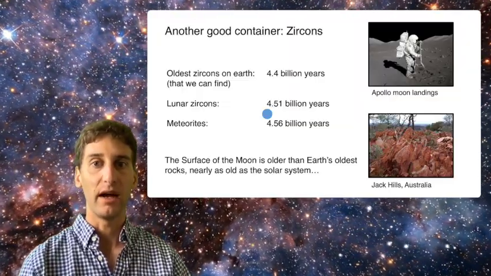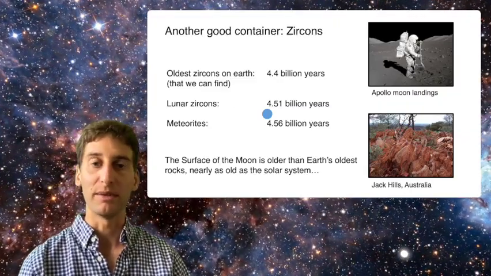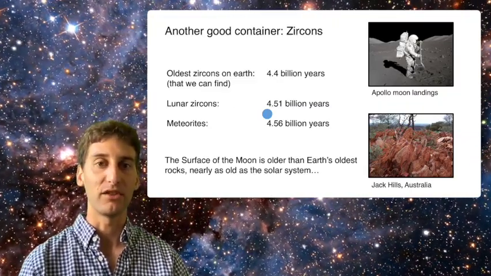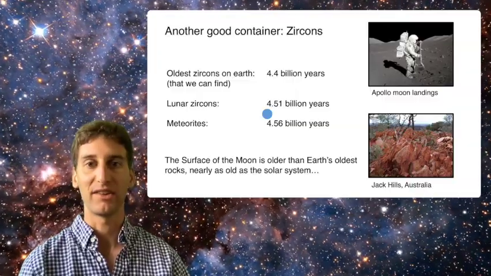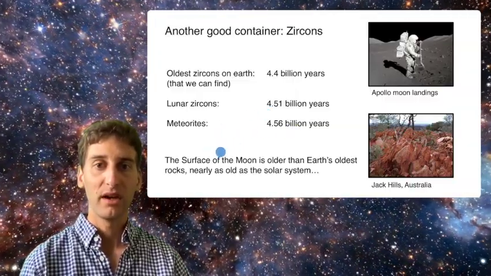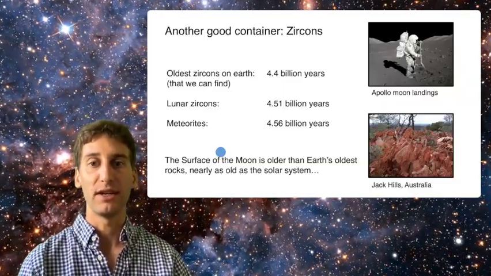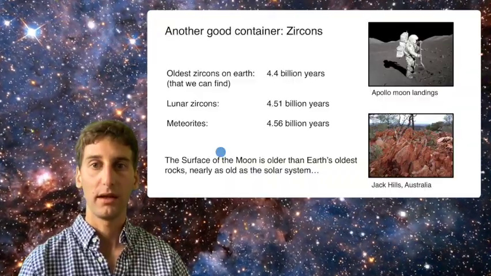It really testifies to the fact that Earth is a really dynamic system, whereas the moon has been sitting there for a while and hasn't been strongly impacted by plate tectonics and things like that. But what's cool about this is if you compare these numbers, the surface of the moon is nearly the same age as our solar system. It's nearly the same age as Earth.